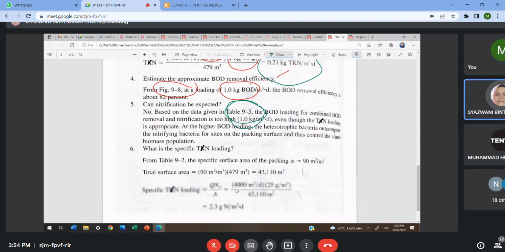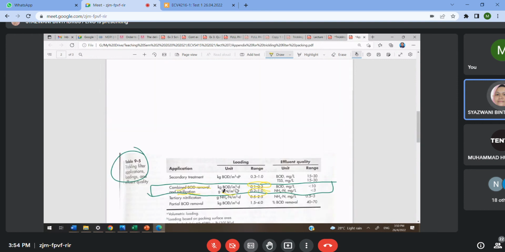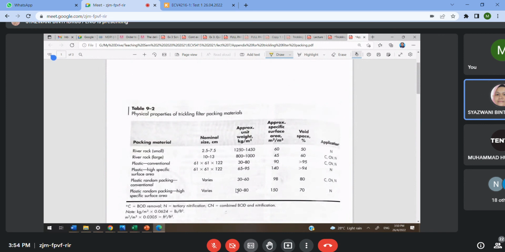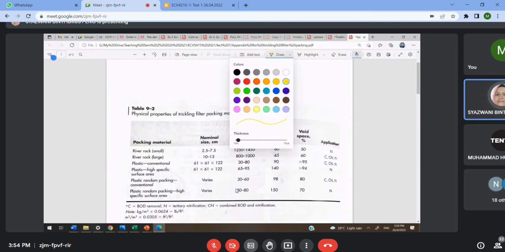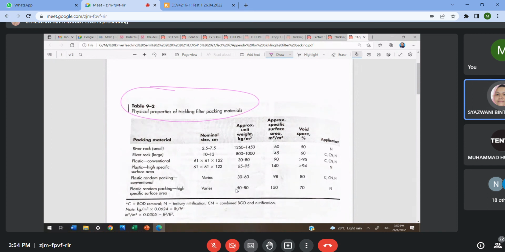Okay, number 6, what is the specific total nitrogen loading? In this case, you have to refer to Table 9.2. Where is Table 9.2? Okay, Table 9.2 is here. Let's choose pink in color. So pink 9.2. This is on physical properties of trickling filter media.